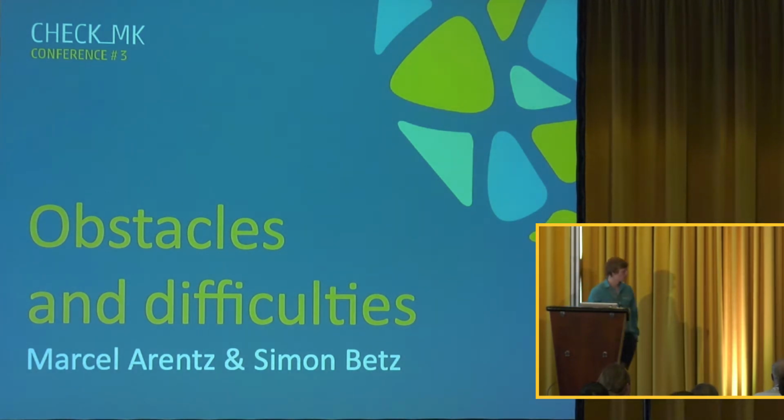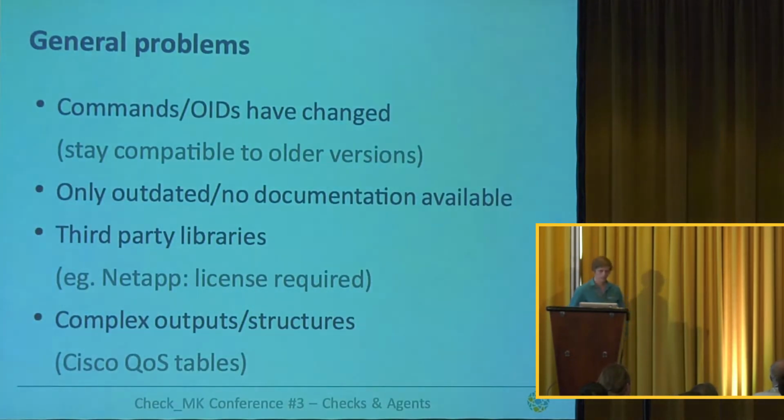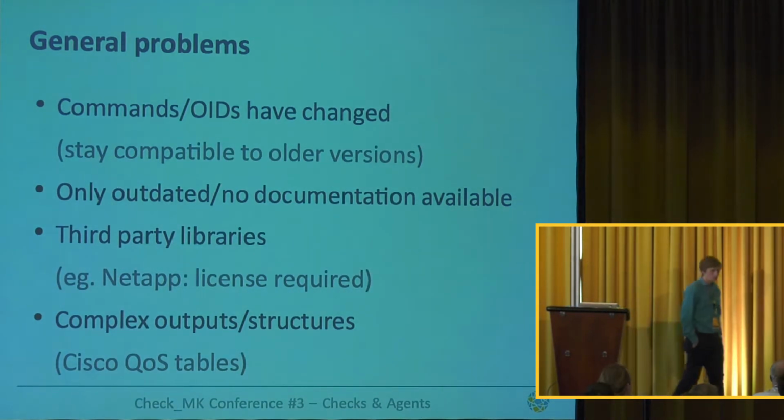Okay, so when it comes to development, sometimes there are some difficulties, of course. For example, it could be that we have commands or OIDs that have changed. And of course, we want to stay compatible with older versions as well. That's very important. Or maybe there's no documentation or outdated documentation. And of course, we're working on our handbook very, very tirelessly.